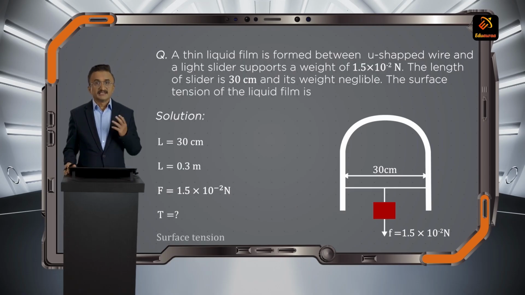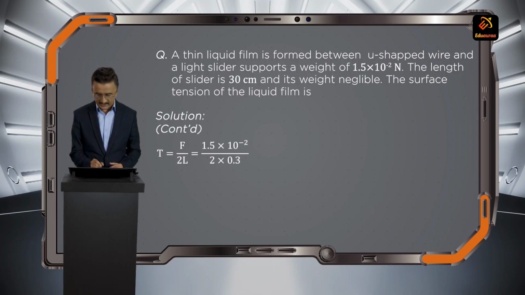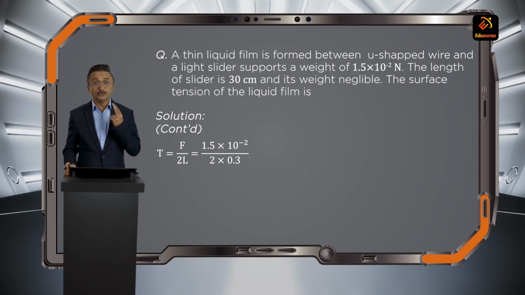What is the formula? Surface tension is defined as force acting per unit length. So T is equal to F by L. But as it has two surface areas, I can write it as F by 2L. Clear? So F is equal to 1.5 into 10 power minus 2 divided by 2 into 0.3. So 2 into 0.3 is 0.6.